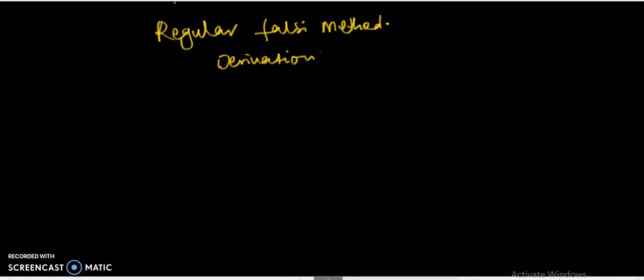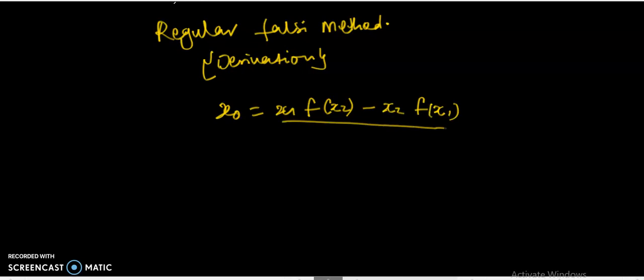So we are going to be dealing with the derivation of the equation of the Regula Falsi method, and the formula for this is given by x naught equals x1 into f of x2 minus x2 into f of x1, and all this is divided by f of x2 minus f of x1.